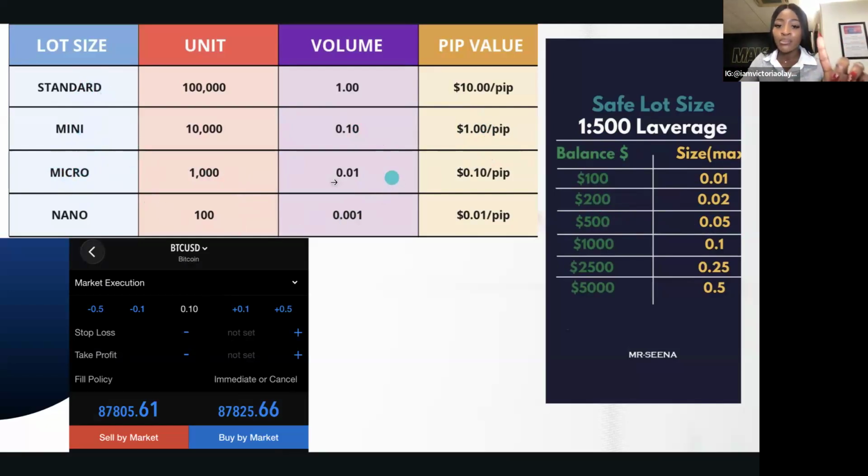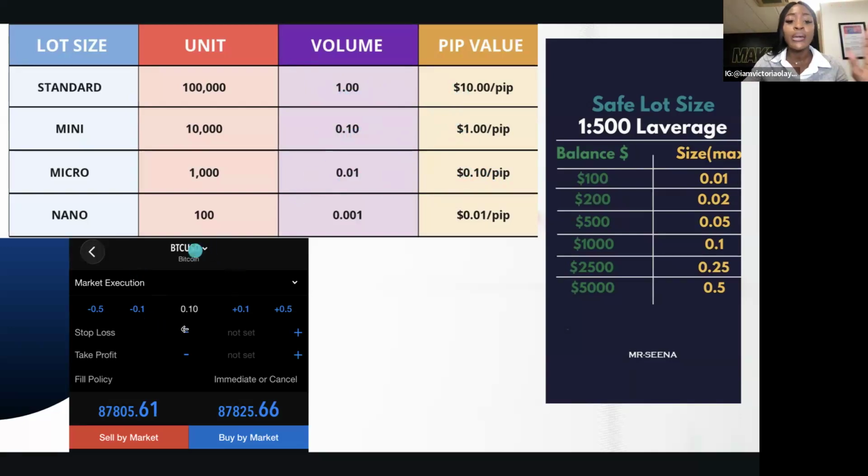So per pip, if you're using a 0.01 lot size, that translates in dollars to 10 cents per pip. If you're using a 0.10 lot size, that's $1 per pip movement. If you're using a 1 lot size, that translates to $10 per pip movement.